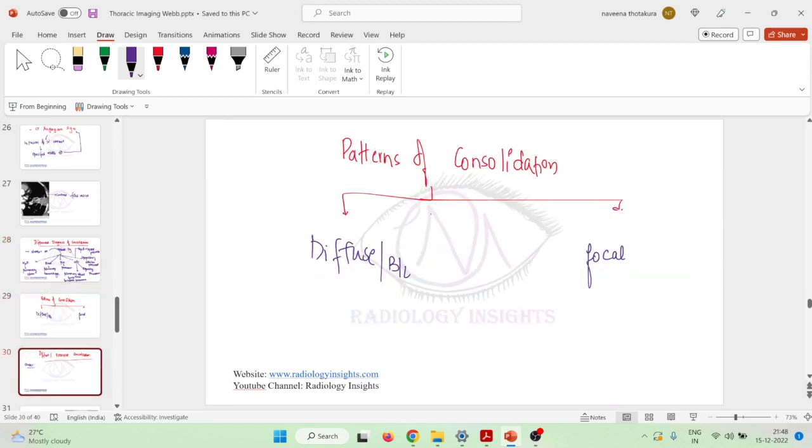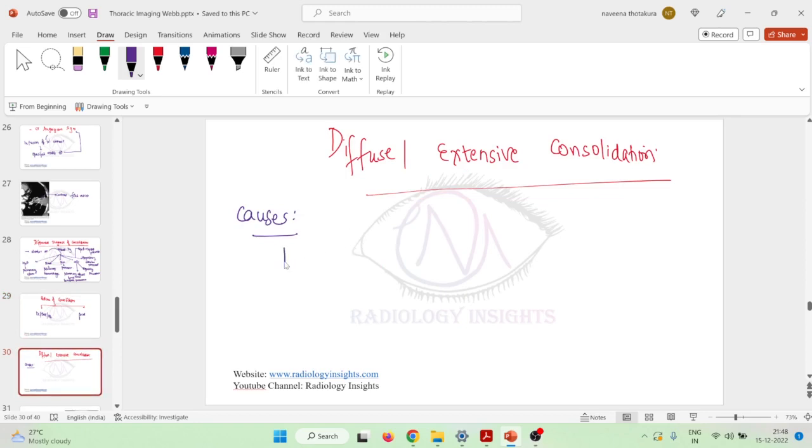So, in diffuse consolidation, first we will see water in the alveoli causing consolidation. So water or edema causing consolidation.